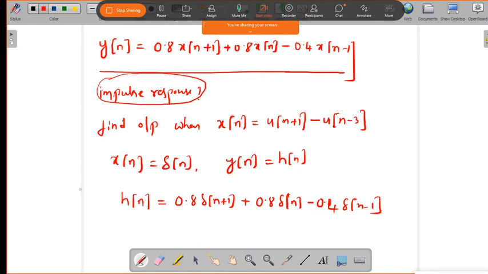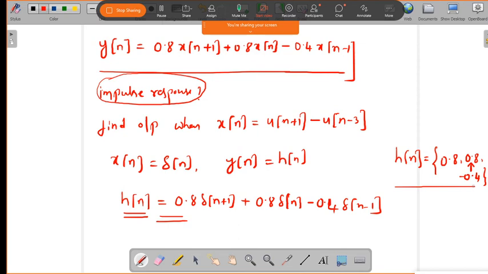So, if I give the input as an impulse, then you get the impulse response from this input-output relation. This is the impulse response h of n. We can define it in terms of a sequence, which is 0.8, 0.8, minus 0.4, where the origin is here. Okay. So, this is your impulse response.